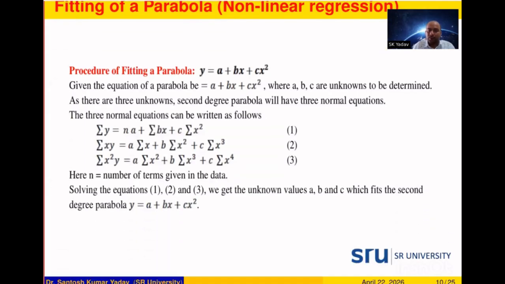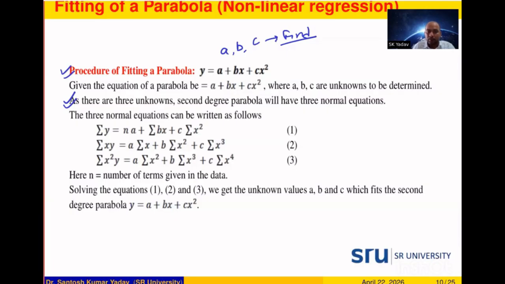So the same process as for the straight line, and here the parabola is y equal to a plus bx plus cx square. So here a, b, c I need to find out, and it's a very easy process to write the normal equations for the parabola as in the case of the line I stated. It's just a small trick here.